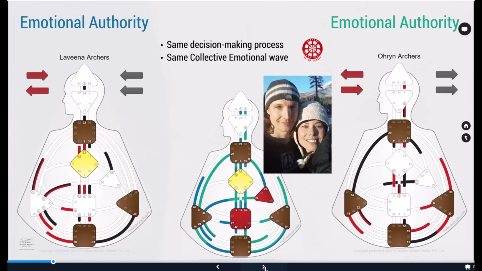When we look at first, the most important thing for you to make decisions that you can trust, each of you individually and together, you have the same decision-making process. So this means that you both are emotionally intelligent. You're broadcasting emotional intelligence in a very specific way.